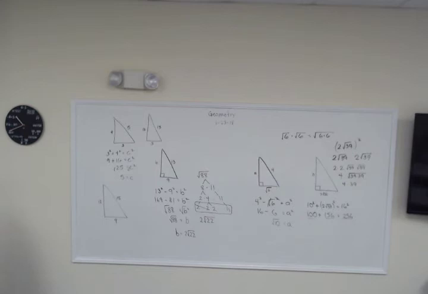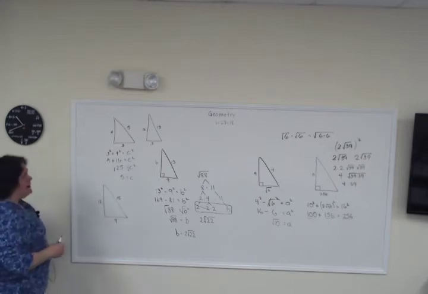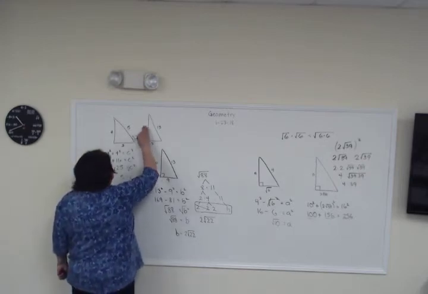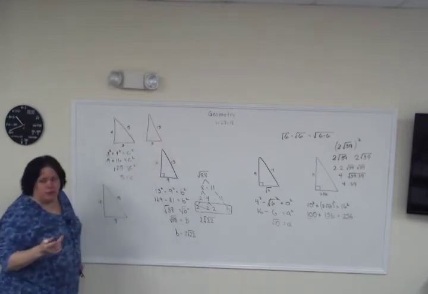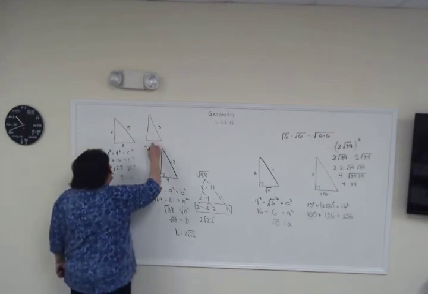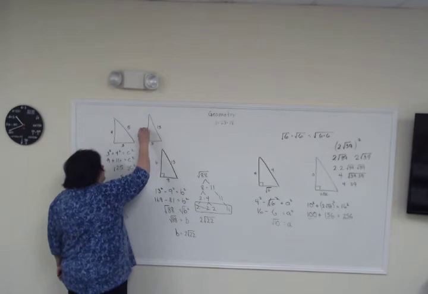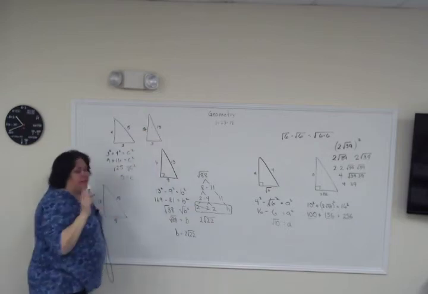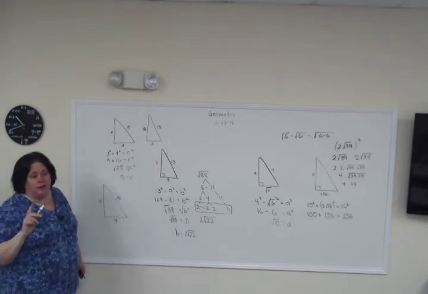You're going to see one of them on the ACT every single ACT, and it's going to be part of a bigger problem. If they give you 5 and 13, you can just use Pythagorean to figure out 12. 13 squared minus 5 squared will give you 12 squared. But it saves you time if you see the Pythagorean triple.